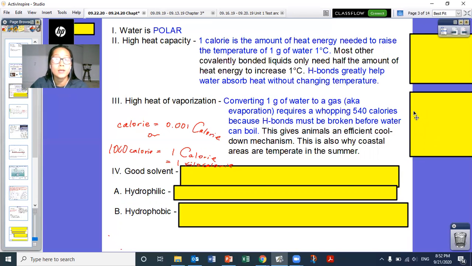When you convert 1 gram of water to a gas, aka you're boiling it into a water vapor, it requires 540 calories because hydrogen bonds all must be broken before water can boil. So not only are the molecules just at a resting, slowly moving state when they're in water, they're also attracted to each other really strongly from hydrogen bonds, right?